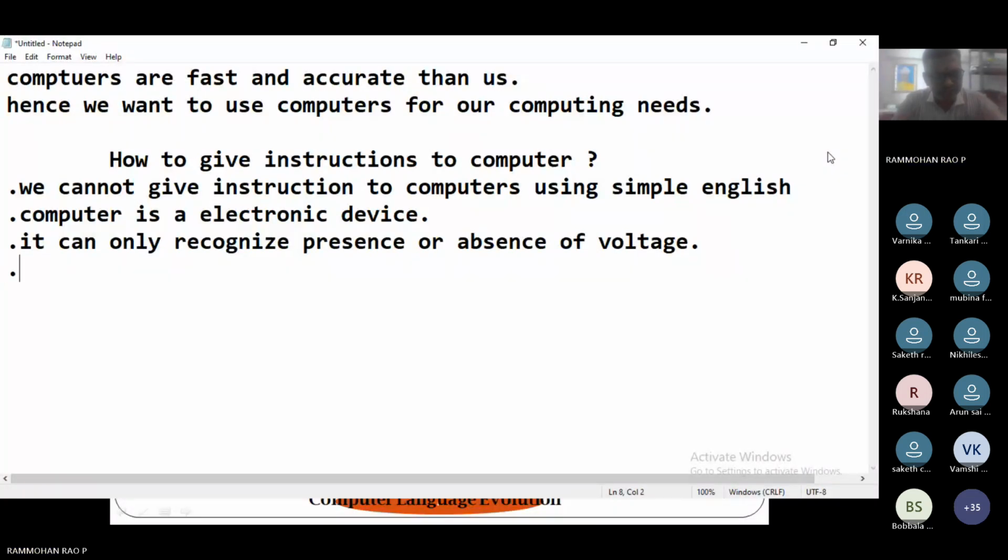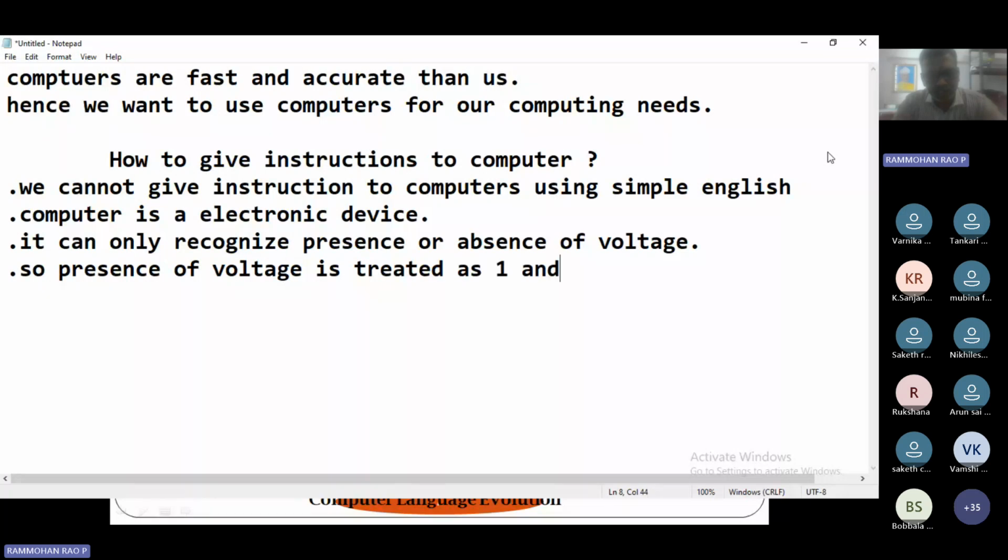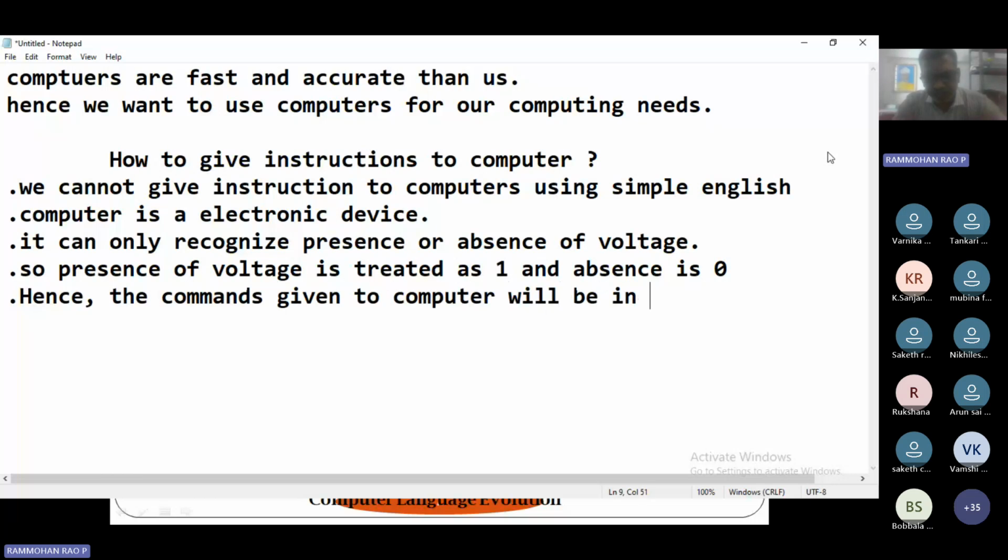So presence of voltage is treated as 1 and absence is 0. Hence, the commands given to a computer will be in the form of ones and zeros.